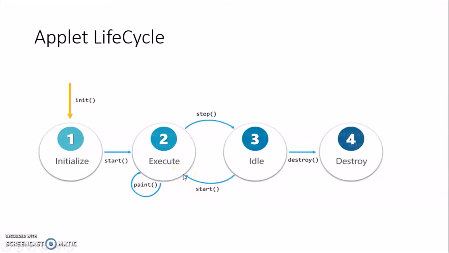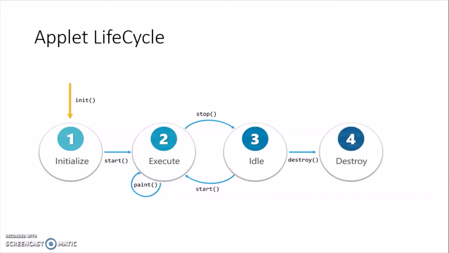Once the start method is called, the paint method is executed and gives whatever output you need. And if you want to destroy the applet completely, you will use the destroy method, which is used to remove the applet from the memory.